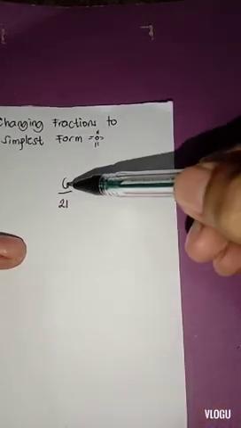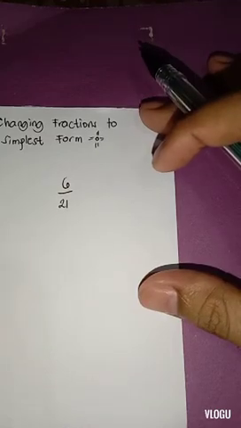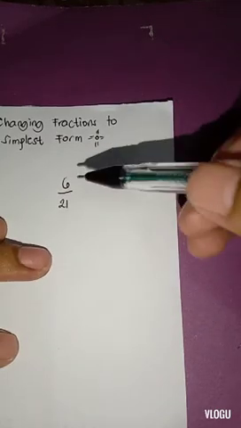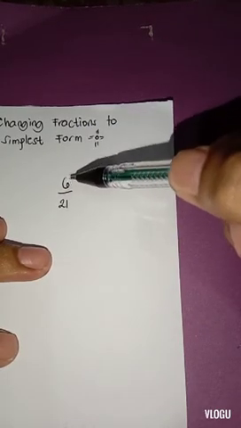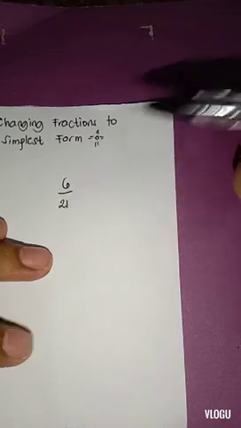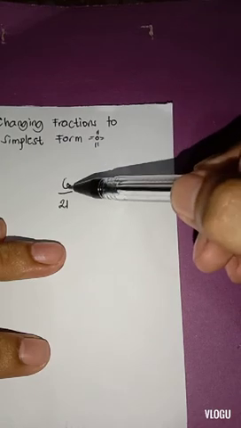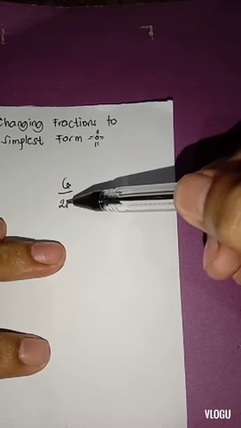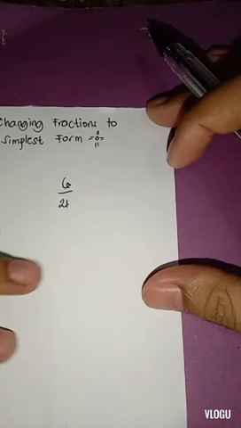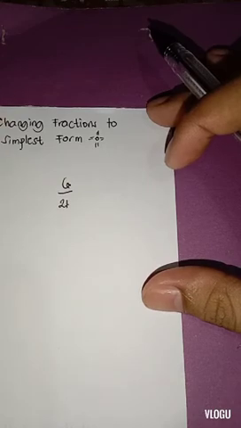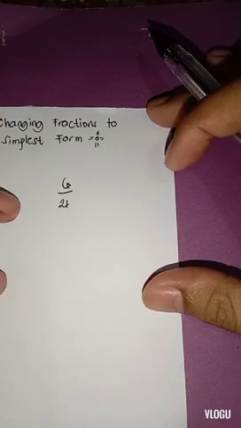Okay. So para mas maintindihan pa natin, another example. So we have here 6 over 21. Ang sabi, first find the GCF of the numerator and denominator. So ano nga ba yung GCF nitong number 6 and number 21? So the GCF of these numbers is number 3.